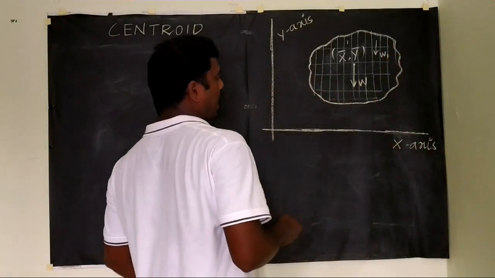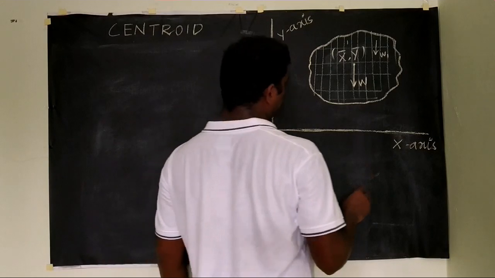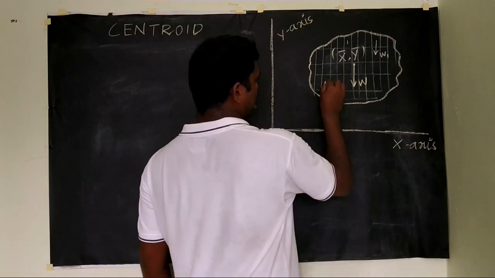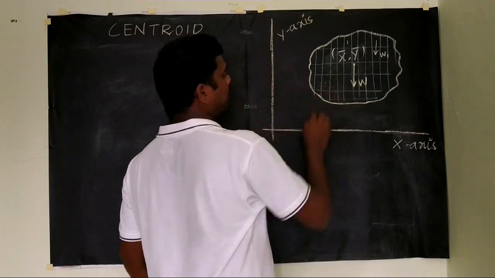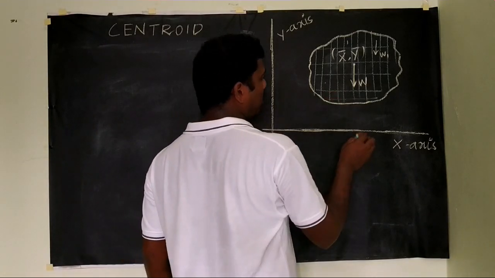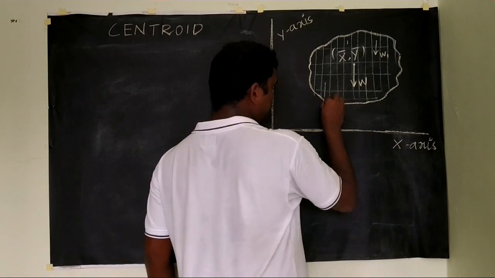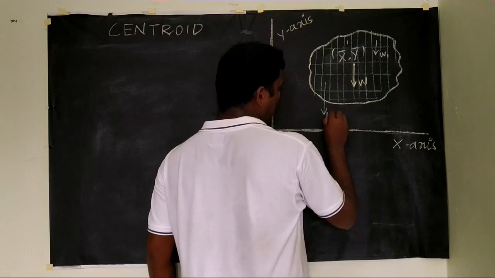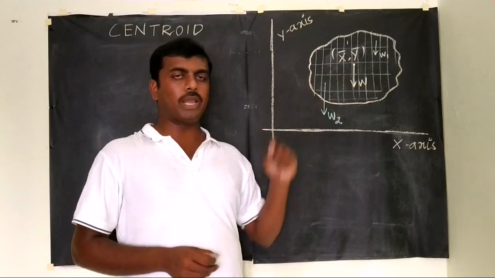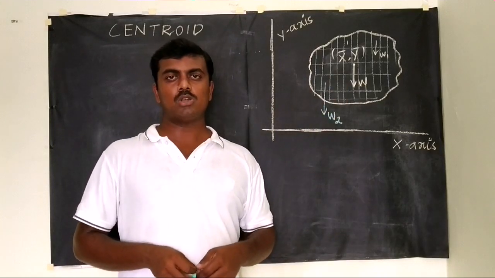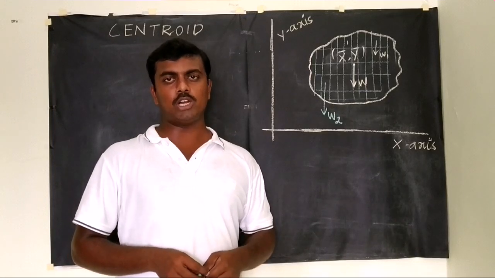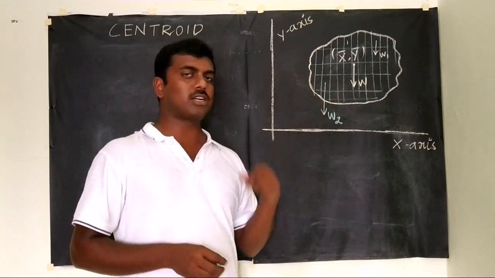Then I am going to take another elementary part. This is its center point, on which its self weight is going to act, denoted by W2. Like that, this plane figure contains a number of small elementary parts, and on each elementary part one self weight acts at its centroid.